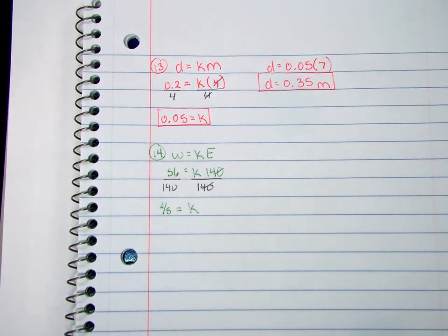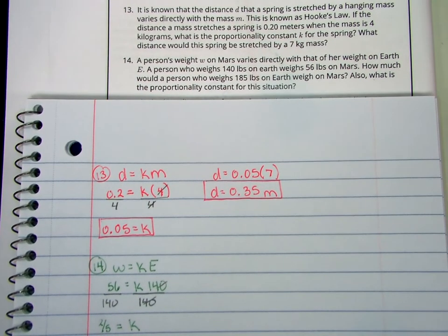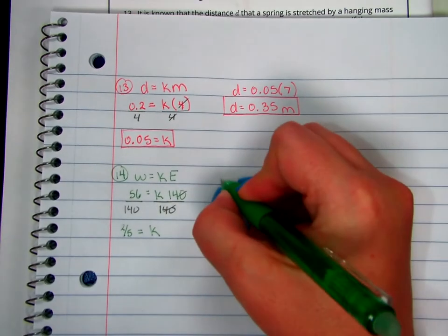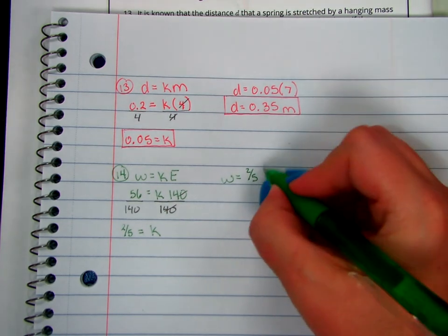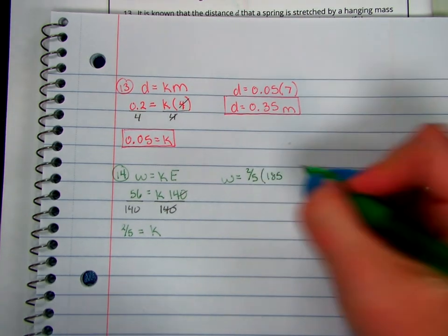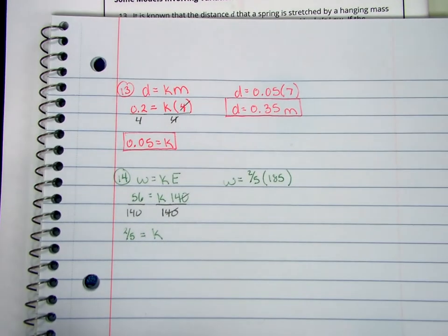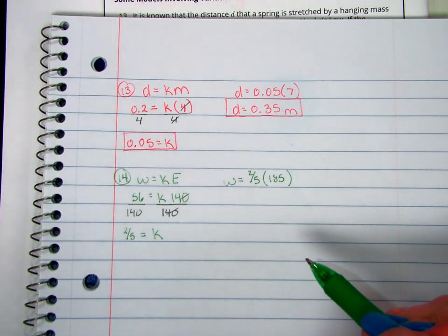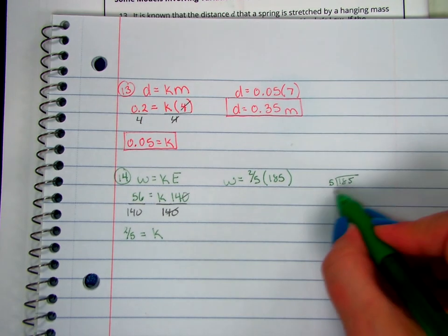Okay? So my constant of proportionality, if we didn't use a calculator, we probably would have gotten 2/5, unless you did long division. And then it says, how much would a person who weighs 185 on Earth weigh on Mars? So on Earth, if I'm using 2/5 as my constant of proportionality and we weigh 185 pounds, what would my weight be? Okay, so I need to multiply this by 2 and divide it by 5.